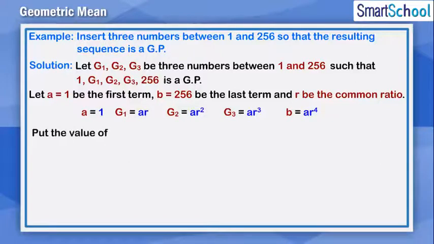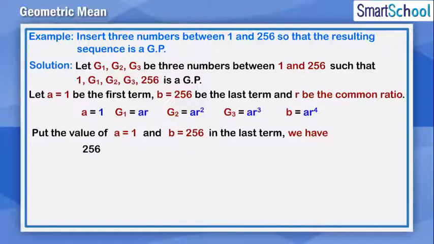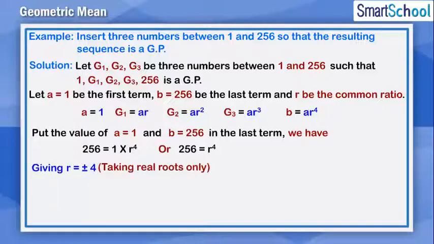Put the value of a is equal to 1 and b is equal to 256 in the last term, we have 256 is equal to 1 into r raised to the power 4, or 256 is equal to r raised to the power 4. Giving r is equal to plus minus 4, taking real roots only.